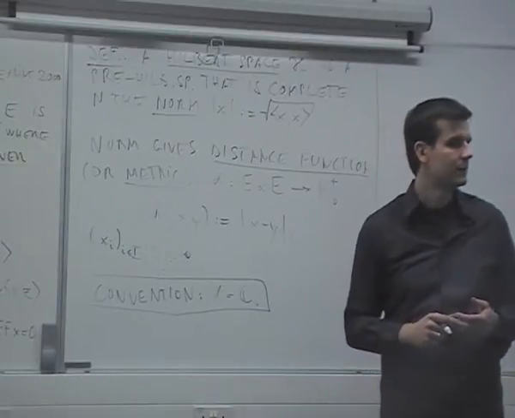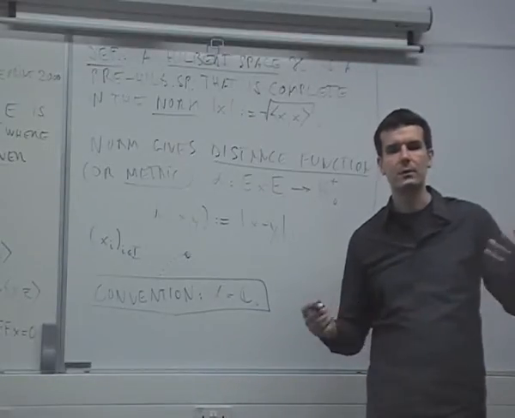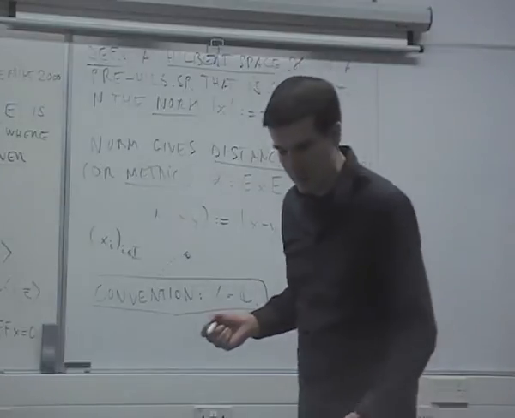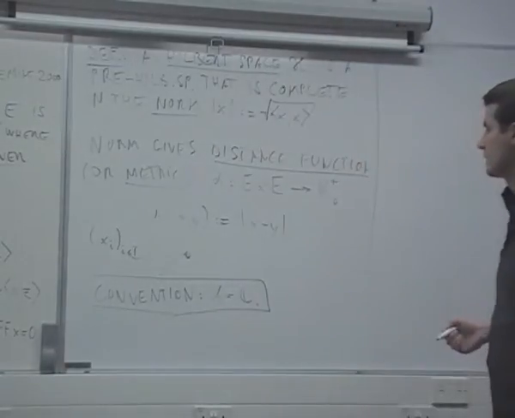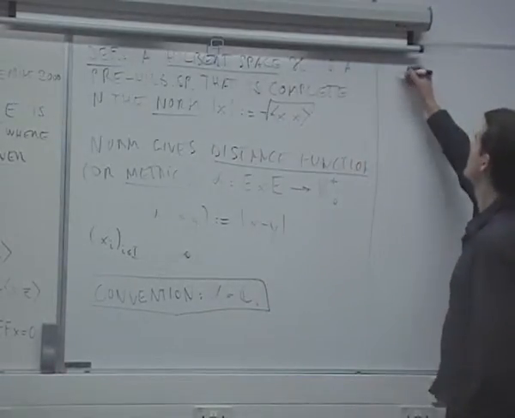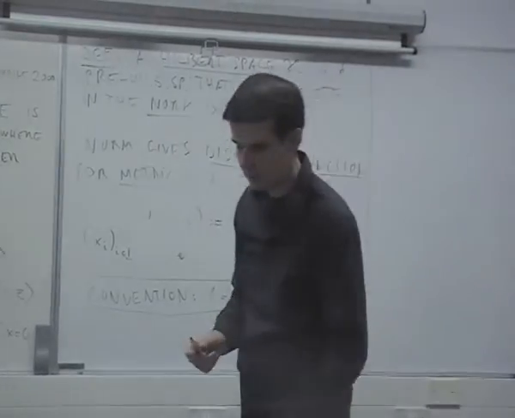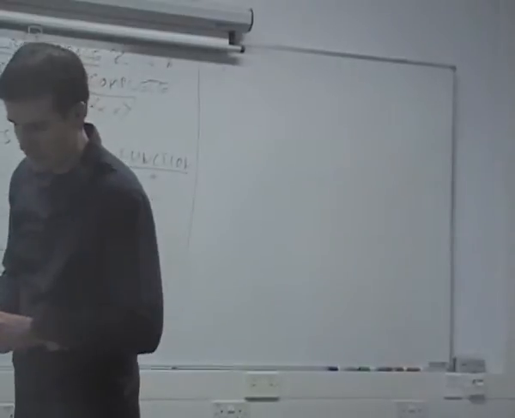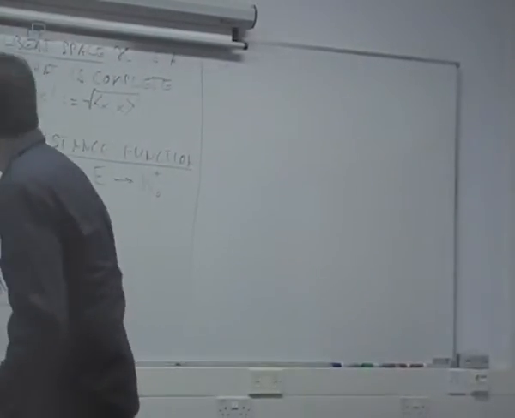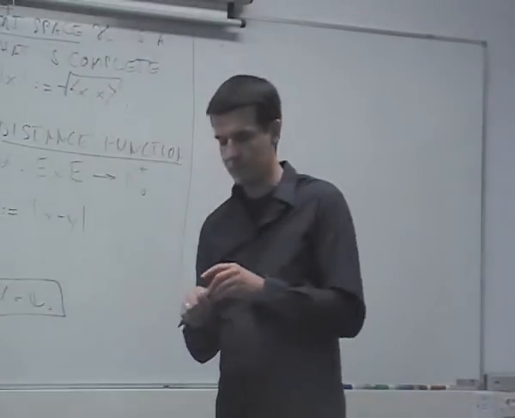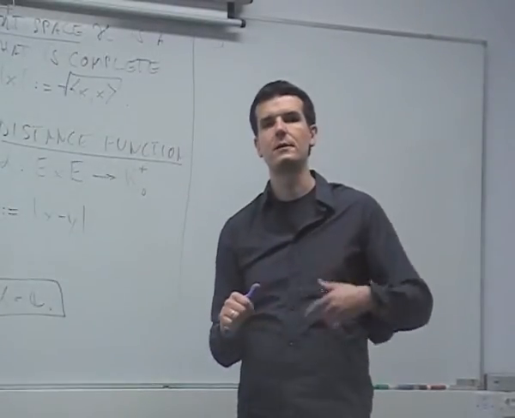So intuitively I want them to point in independent directions. And there's another convention: whenever I speak of a basis of a Hilbert space, I do mean an orthonormal basis.